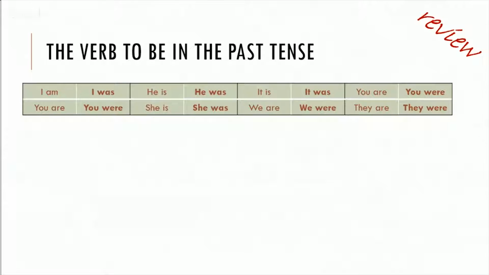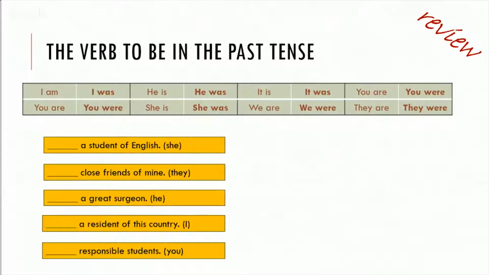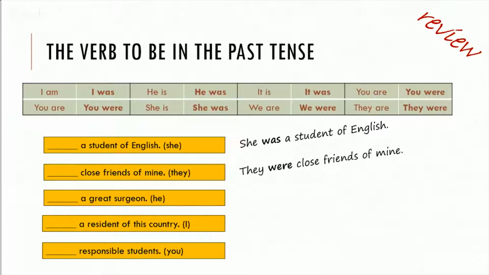We have it in plural, you are, you were, she is, she was, we are, we were, they are, they were.